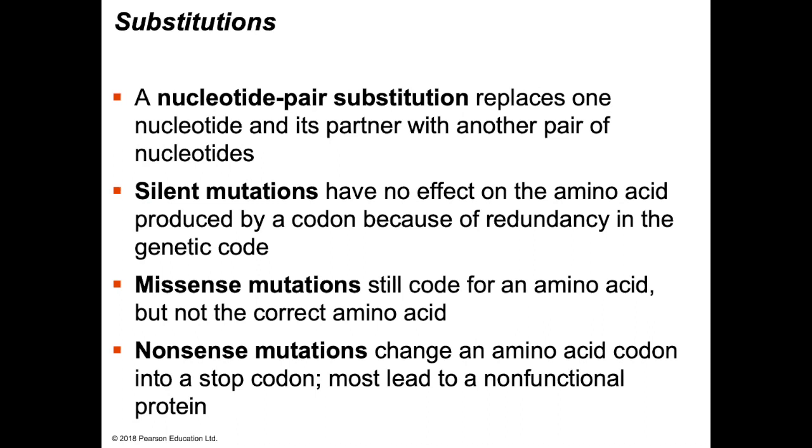And then silent mutations have no effects on the amino acid produced by a codon because of the redundancy of the code or the wobble position. And then during missense mutation, the nucleotide pair substitution will still code for an amino acid but not the correct amino acid. And in nonsense mutation, instead of having another amino acid, it will code into a stop codon, which will lead to a non-functional protein.